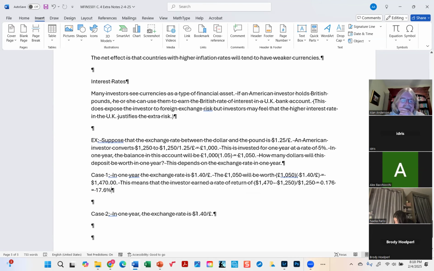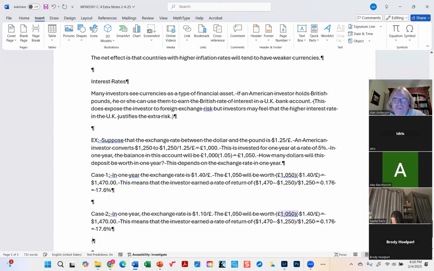But now in this case, let's say it's 1.10. So when you do the same calculations, instead of multiplying by 1.40, it's 1.10, and that's going to bring it all the way down to 1155. So you know what? In this case, you actually lost money. Look at that.